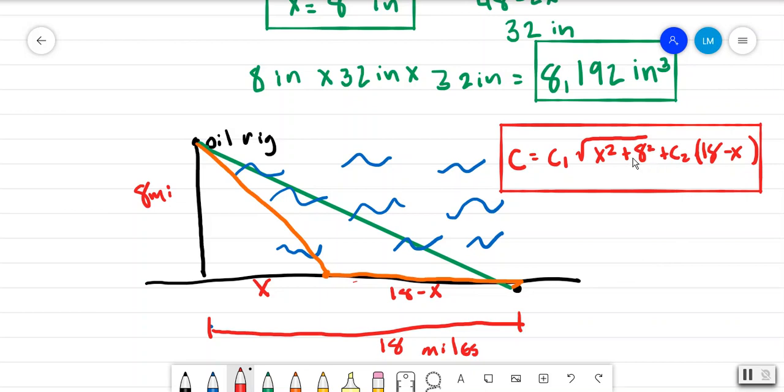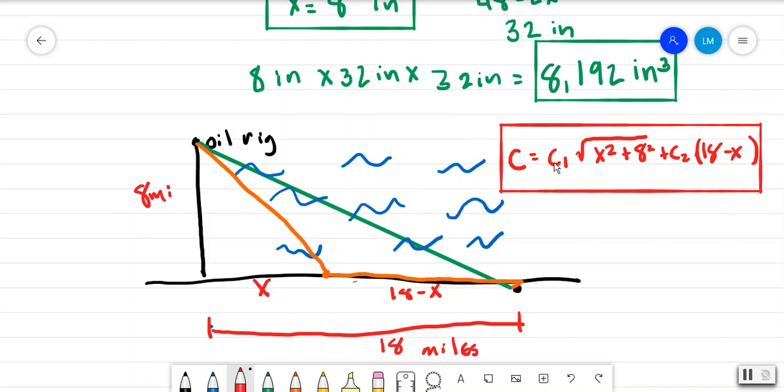But the interesting part of this is what value tells you where you should start building the pipeline, where the underwater meets with the onshore. And it's actually a pretty nice solution.